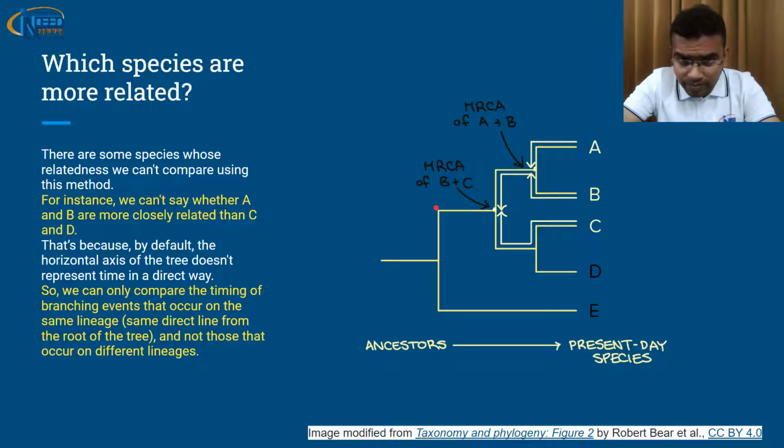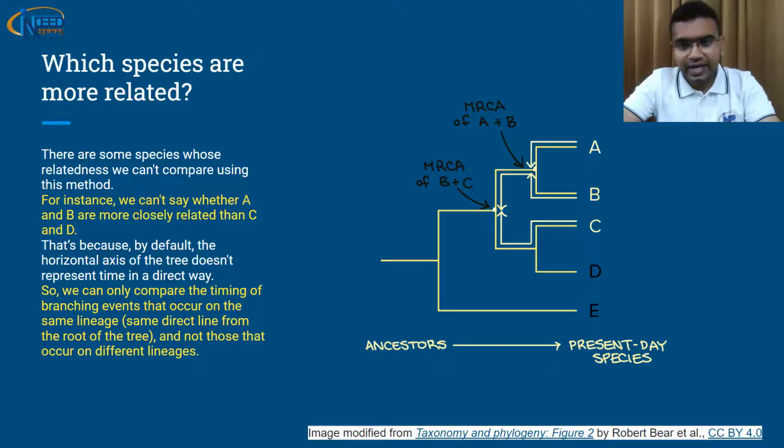That means this particular line is splitting here, and after that whatever split is taking place next to it, and after that whatever split is taking place on the other branch, we cannot compare C and D and A and B. That is not an information which is available to us.